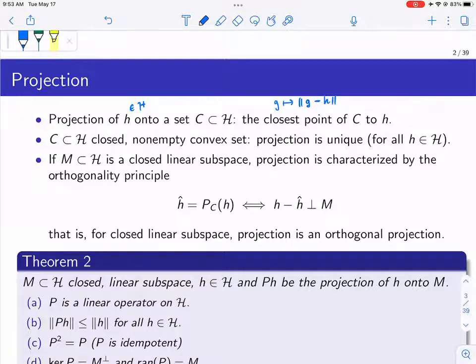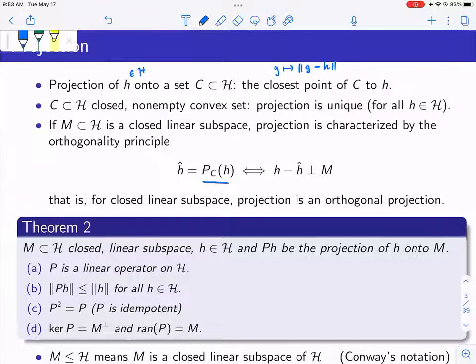If I define this operator that maps H to this unique projection of H onto C, so P_C of H projects H to C, then this is defined equivalently as saying that H minus H hat has to be orthogonal to M. So this orthogonality principle is equivalent to projection onto a closed linear subspace. Projection onto a closed linear subspace in the Hilbert setting is equivalent to orthogonal projection.